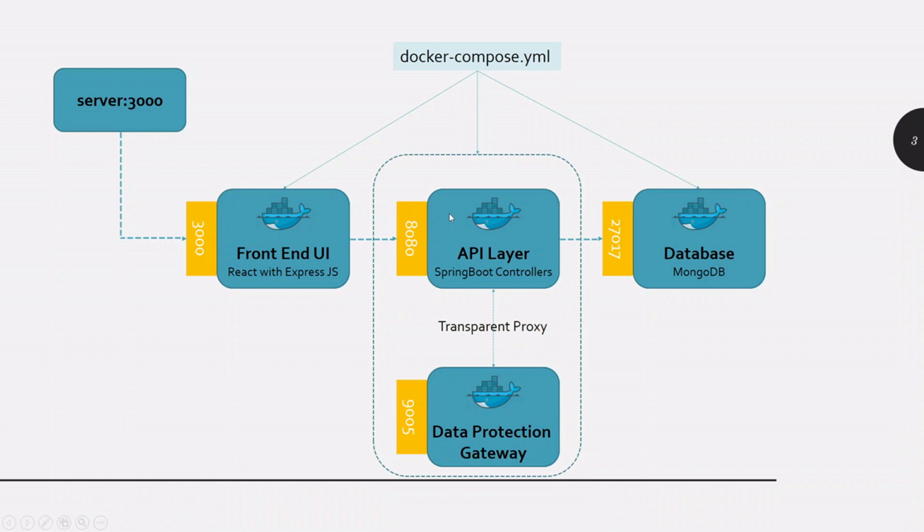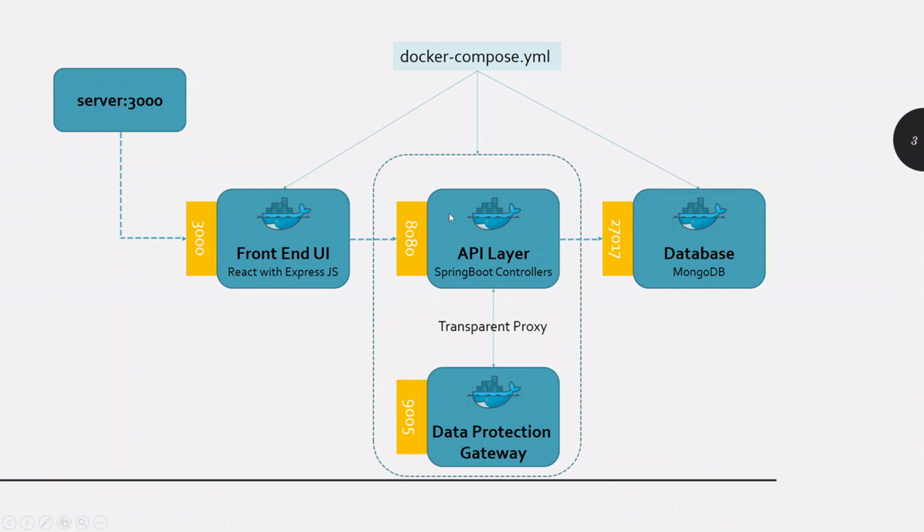This is the basic architecture of the application that we'll be working on. So it's all the three layers. We will be deploying them in Docker containers. So the front end UI again with React and Express JS, the API layer with Spring Boot controllers, and the database.